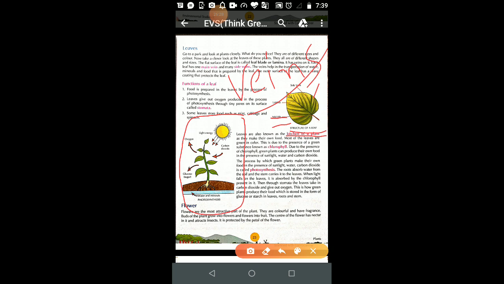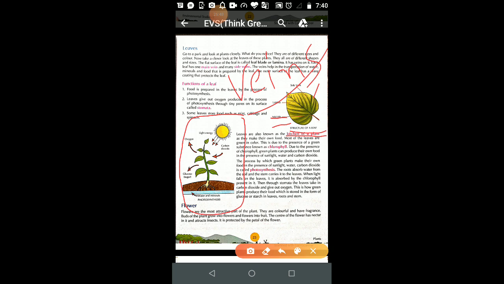Then water and minerals. Note down. Water and minerals. Third, carbon dioxide. Note down. Carbon dioxide. And note down. Chlorophyll. So, what are the things by which a plant can prepare its own food?